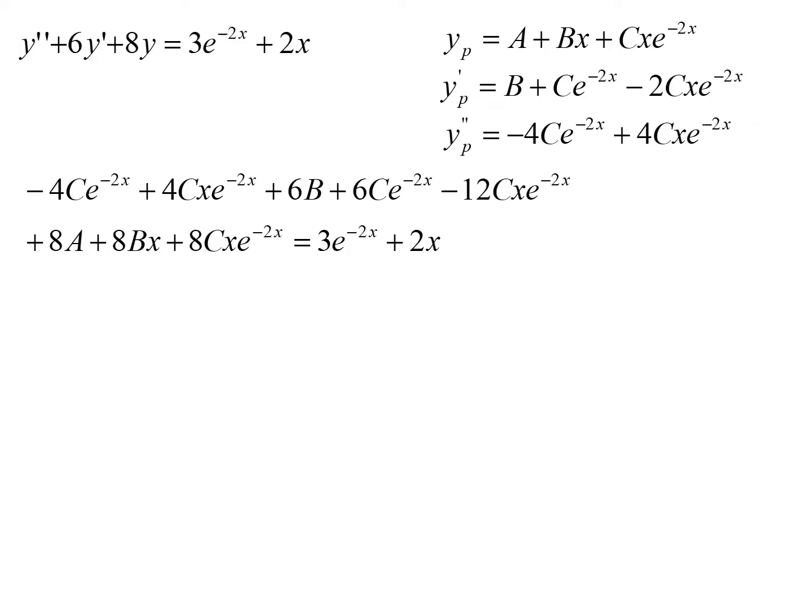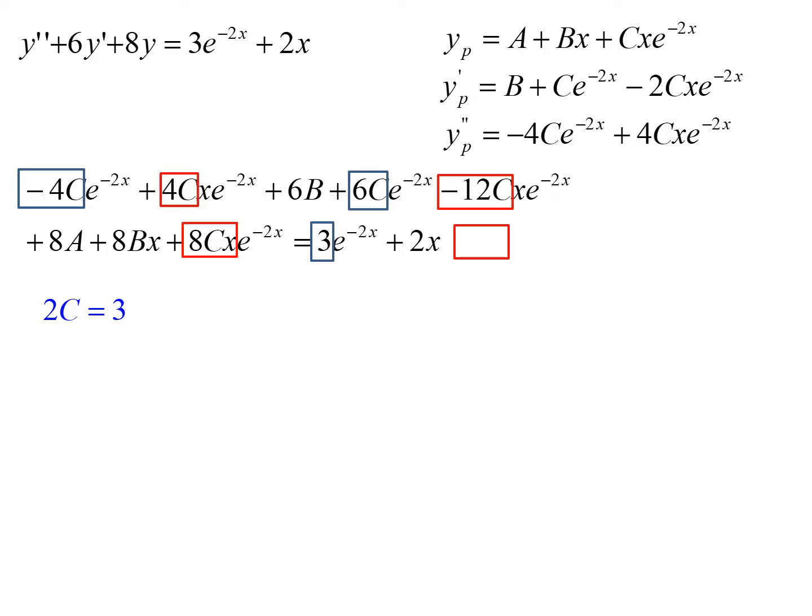We're going to equate our coefficients. So we'll start with our e to the negative 2x coefficients. We have a negative 4c plus 6c on the left and 3 on the right. So that means 2c has to equal 3. We'll look at our x e to the negative 2x coefficients. So we have 4c minus 12c plus 8c on the left, and we have 0 on the right. And that works out, 0 equals 0, so we can keep going.